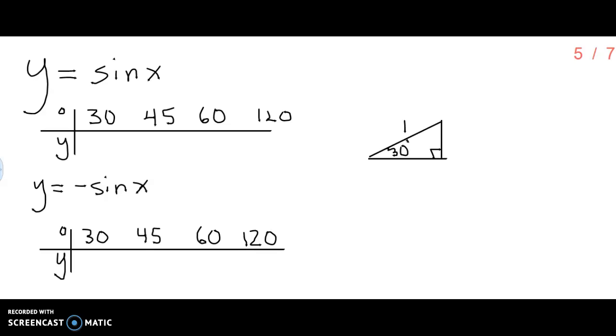So if you go from the hypotenuse to the shortest leg, which is the one opposite 30, we get 1/2. Okay, so we can start filling this in. Remember, 45 is the square root of 2 over 2.